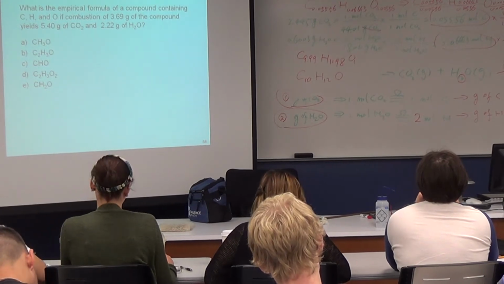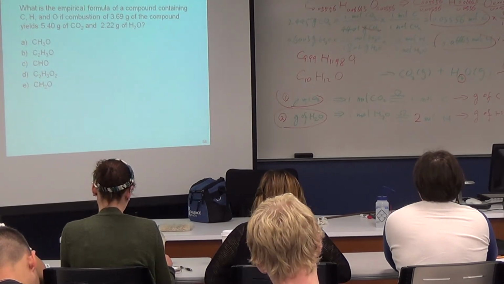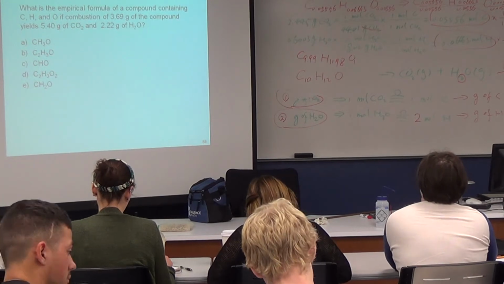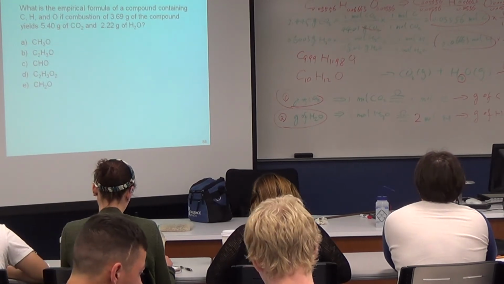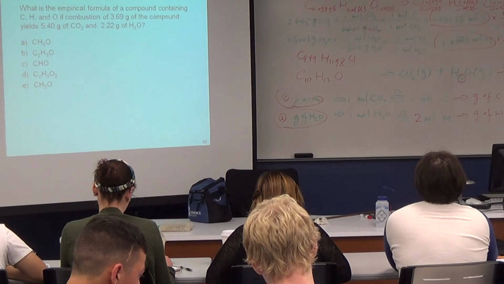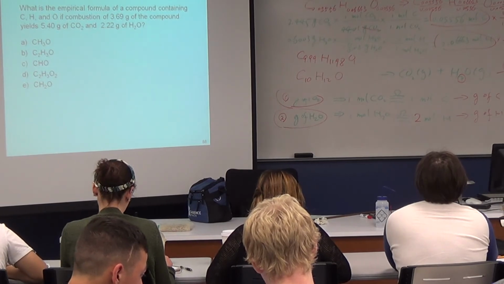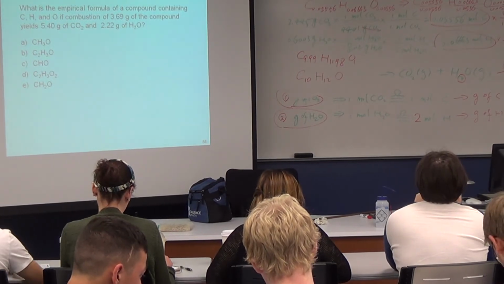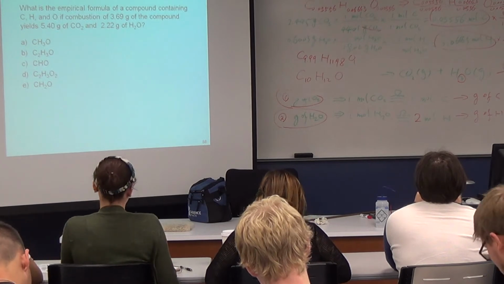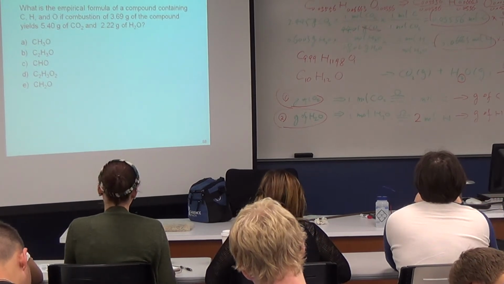All right, so assume you get the point across. What is important for the empirical formula is the moles, right? So somehow you want to find the mole for each element. What do you find? The E, right?